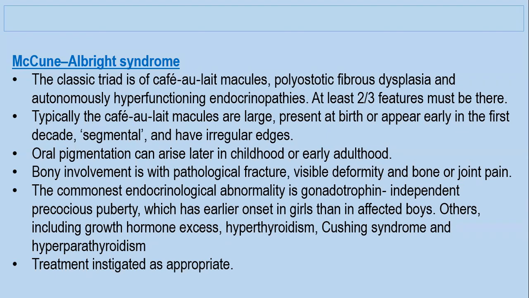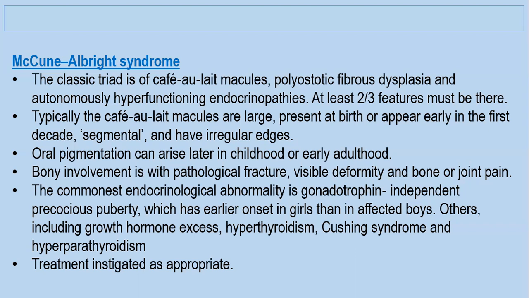Then about the bony involvement. Bony involvement is seen with pathological fractures, with visible deformities, and bone and joint pain. And the endocrine abnormalities, the most common is gonadotropin-independent precocious puberty, which is seen earlier in girls than boys.